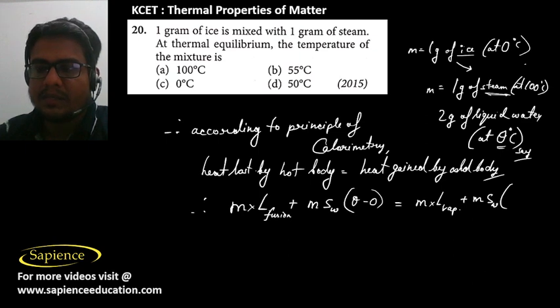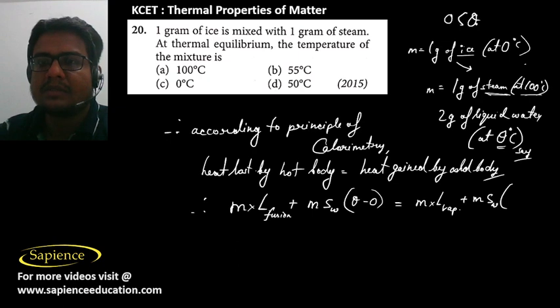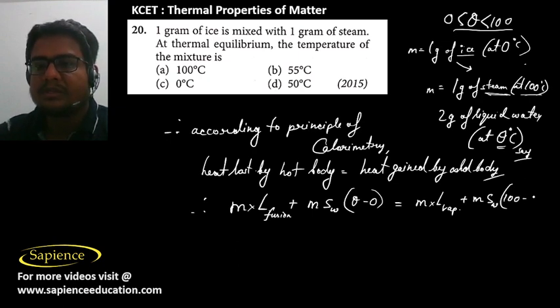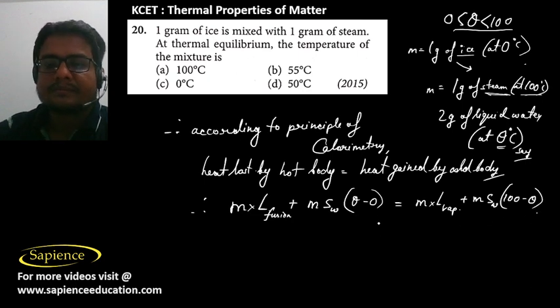First the steam at 100 degrees Celsius will convert to water at 100 degrees Celsius, then that water will convert from 100 degrees to theta degree Celsius, where theta is obviously greater than 0 and less than 100. So it will be 100 minus theta. All these masses will cancel out.